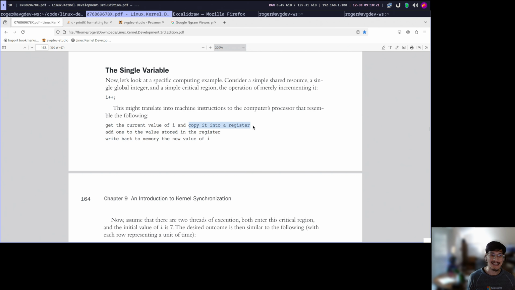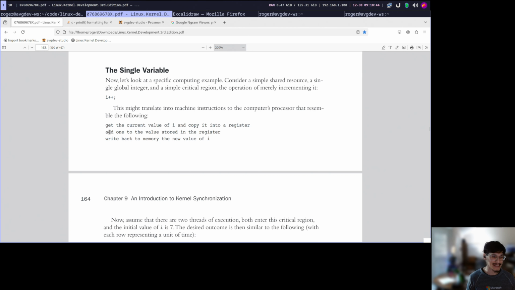So if you think of basic assembly, that's one single instruction, basically some sort of move instruction from a memory location into a register. That's one line of assembly.